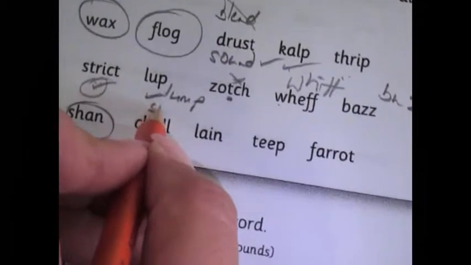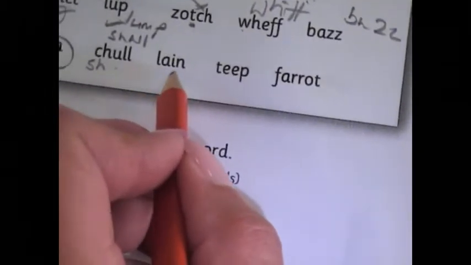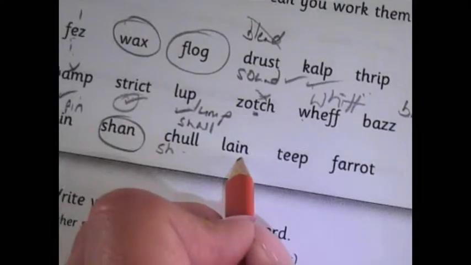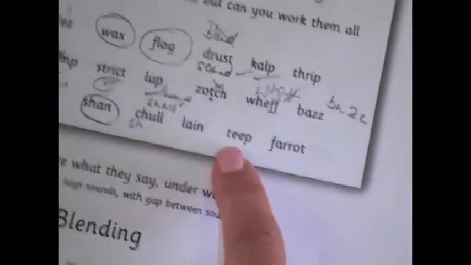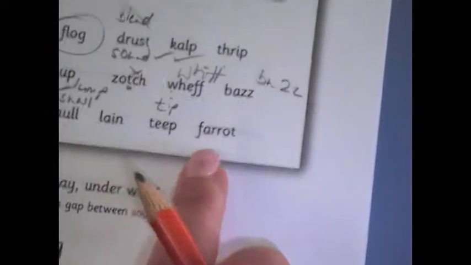Good try. Frog. Frog on log. This one. Well tried. This one. Well done. What about this one?